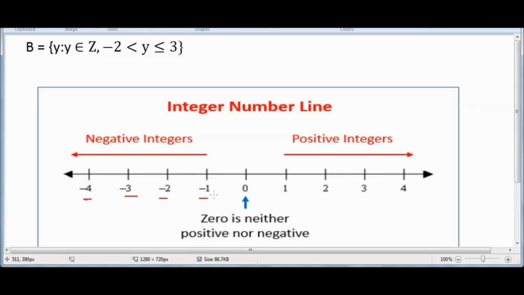Now as you can see here, -3 is greater than -4. It is right ahead of -4, so it's greater than -4. -2 is greater than -3, and -1 is greater than -2. 0 is greater than -1.